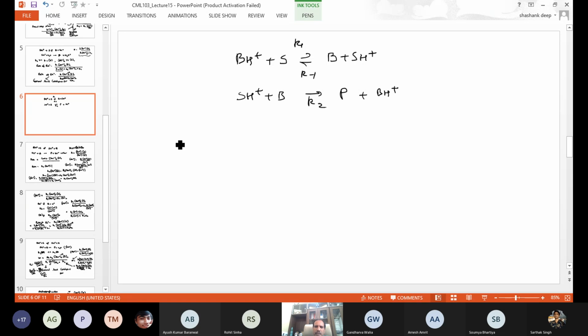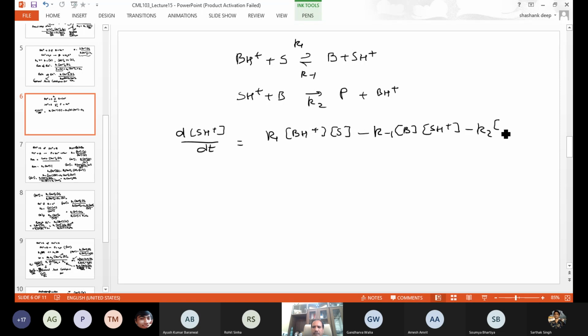So let's write dSH plus by dt. dSH plus by dt is equal to K1 BH plus into S minus K minus 1 B into SH plus minus K2 SH plus into B. That's what we have written.